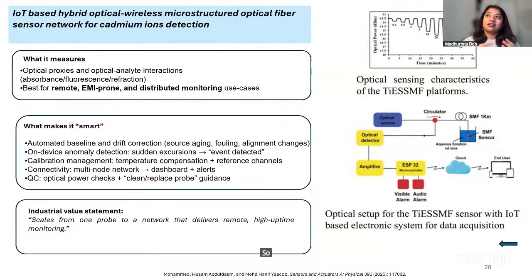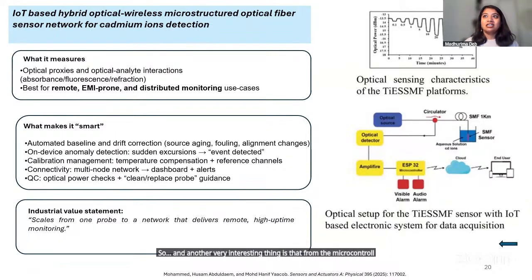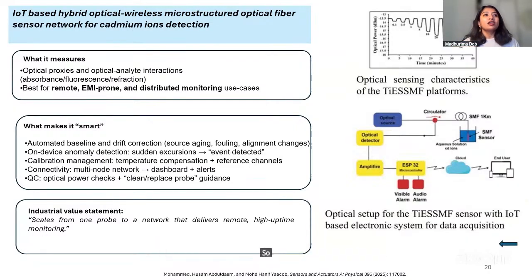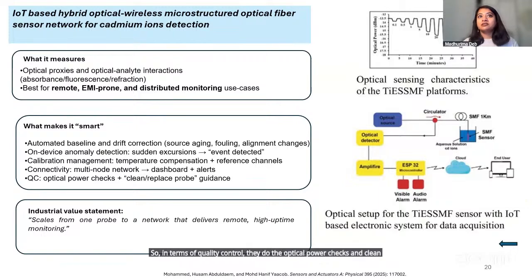Another very interesting thing is that from the microcontroller, the ESP32 that they are using, they send it to the cloud. So all the results are in the cloud. They do the calibration and all the referencing there, and then it is also reachable from the end user. In terms of quality control, they do optical power checks and use clean or replaceable probes.